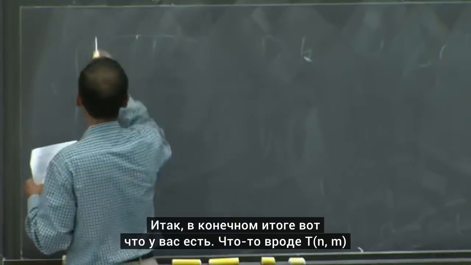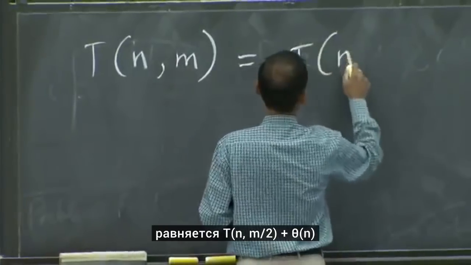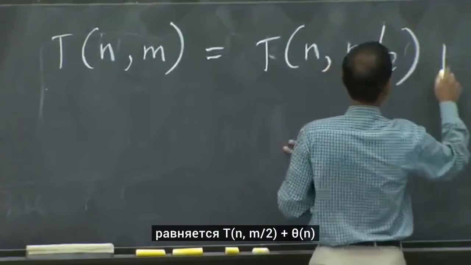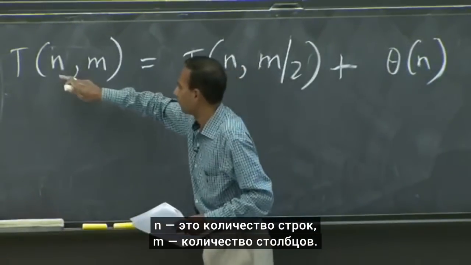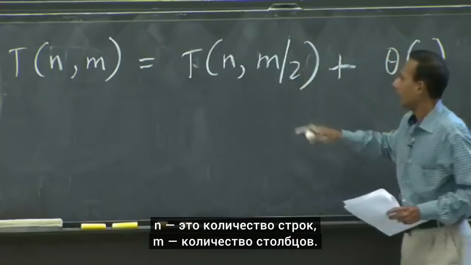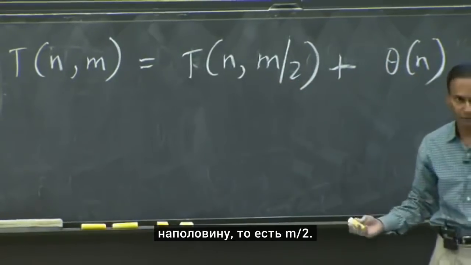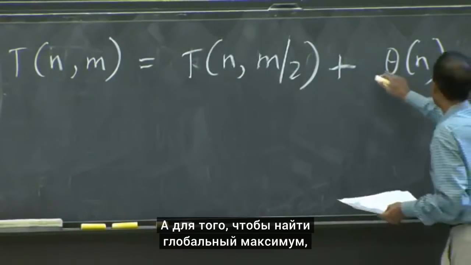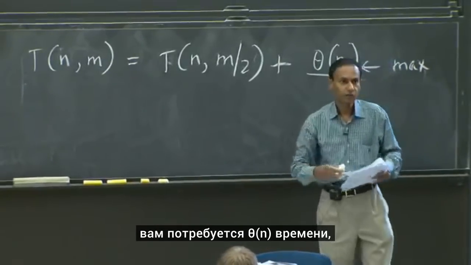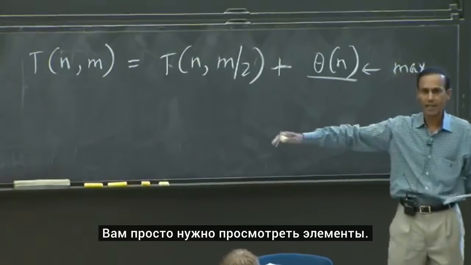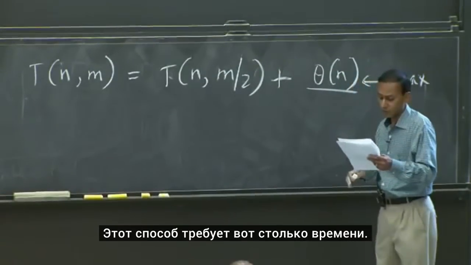All right, so overall what you have is something like T(n, m) equals T(n, m/2) plus theta(n). Why is that? Well, n is the number of rows, m is the number of columns. In one case, you will be breaking things down into half the number of columns, which is m over 2. And in order to find the global maximum, you'll be doing theta(n) work, because you're finding the global maximum. You just have to scan it. That's what it's going to take.